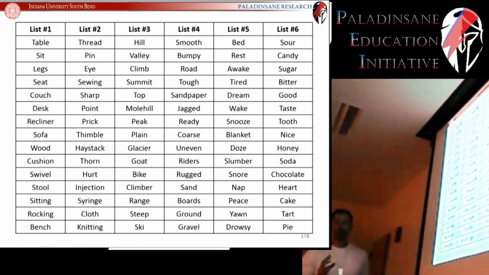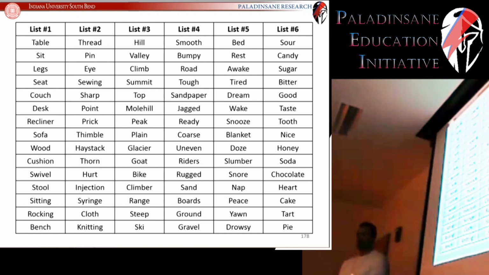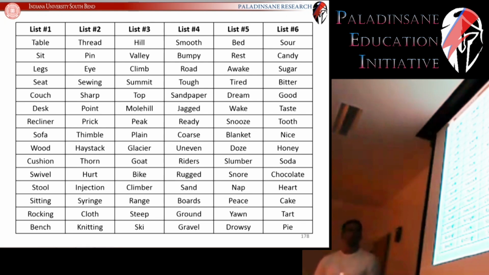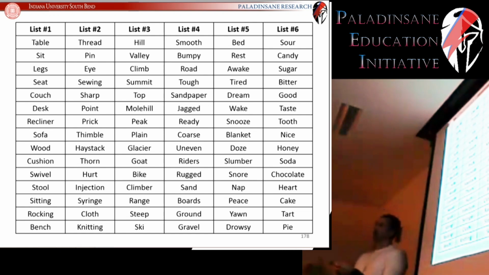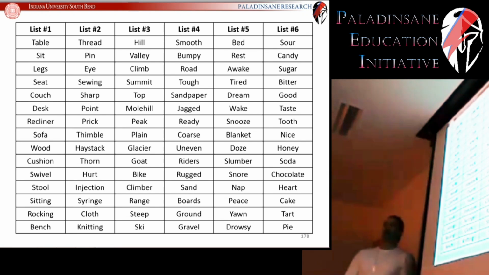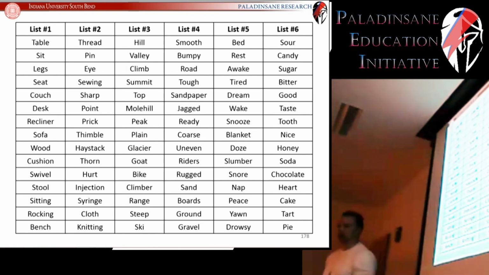And importantly, that word is not present. So these lists came from a very influential study, and they've been used a lot in psychology research, because each of these lists has words that are associated with a particular word, but that word is not actually there. We're going to see what those words are in just a moment.